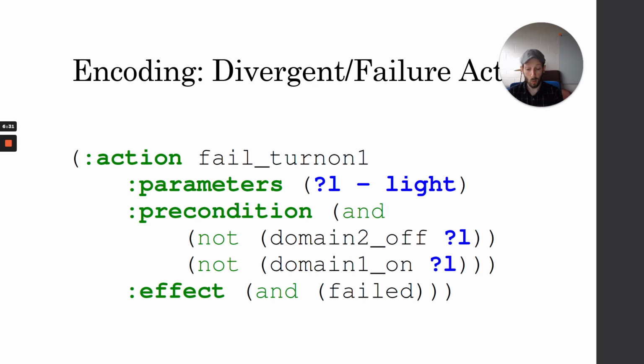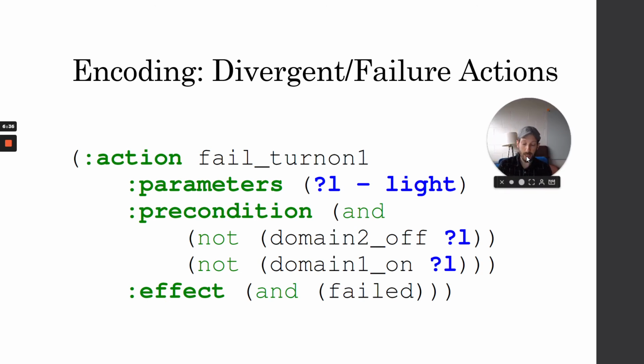Okay. Now, what about these divergent or failure actions? What's happening here is that we want an action for each of the original ones, a pair of actions actually, to say, when you execute this, it means that the original action here, turn on, happens to work in one domain, but not the other. And so if we're turning on here, it happens to work in domain 1, but not domain 2.